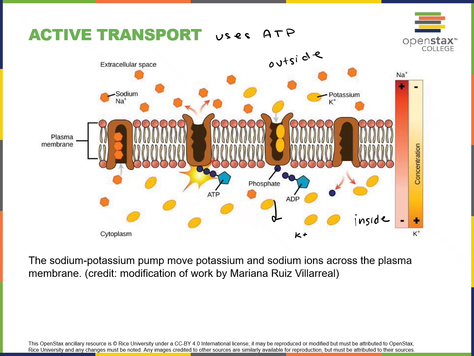So for every 2 potassium that come in, we kick out 3 sodium molecules. Okay? And so we use that ATP to move against our concentration gradient.